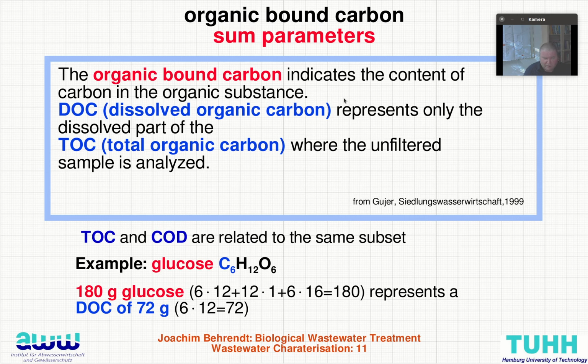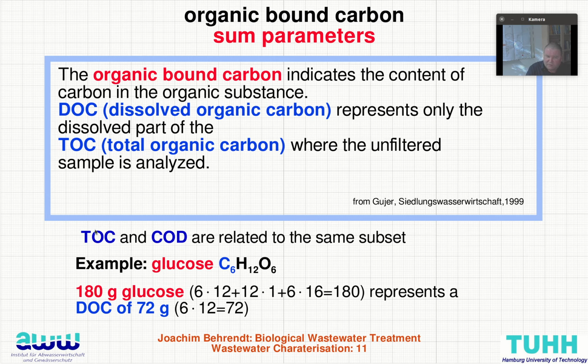We can make use of another characteristic of organic components. All organic components contain carbon, and we can detect the amount of carbon. The organic bound carbon is normally measured either as dissolved organic carbon, which only represents the dissolved part of the carbon, or the total organic carbon, which is unfiltrated carbon.